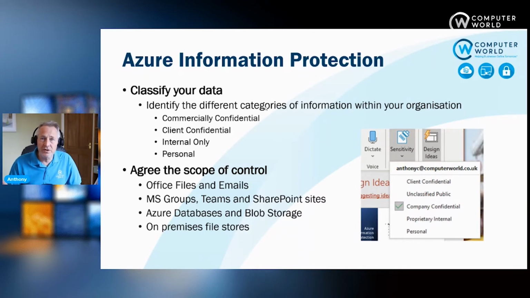Once we've identified the categories of information, we need to agree the scope of control that we want over that. And Azure Information Protection can cover Office files, emails, but it can also cover stuff held within the Microsoft containers, within Teams, SharePoint, OneDrive. So we can add sensitivity labels to a particular team within the Microsoft Teams environment, and all of the content within that team will adopt that level of security.